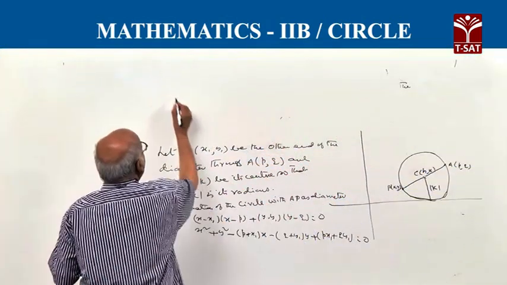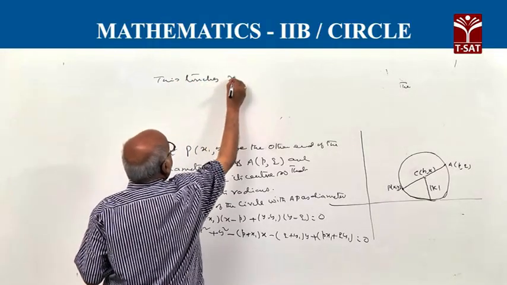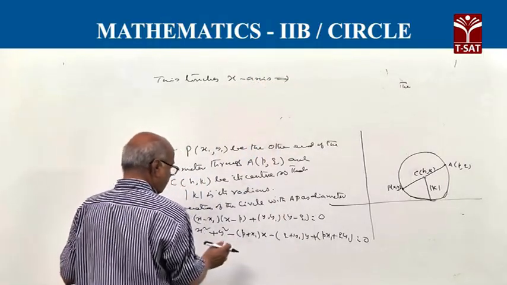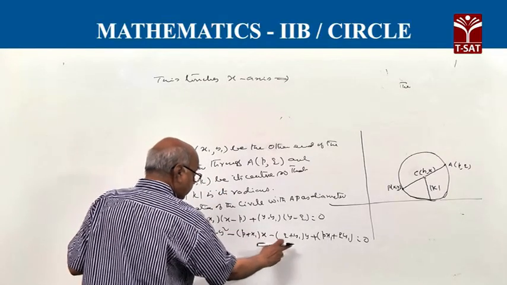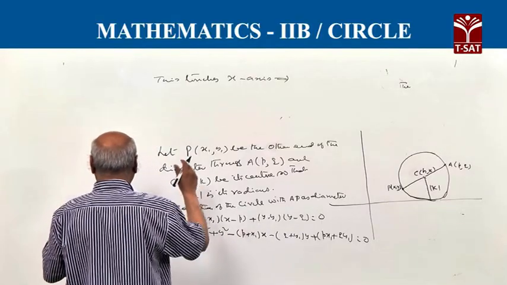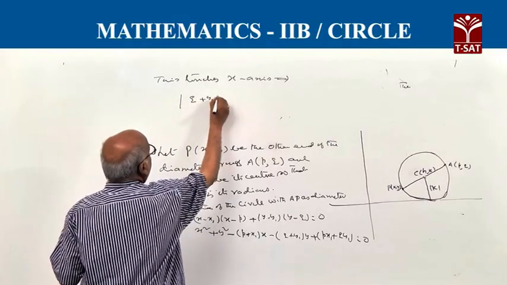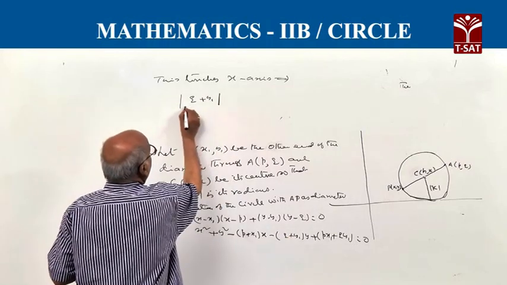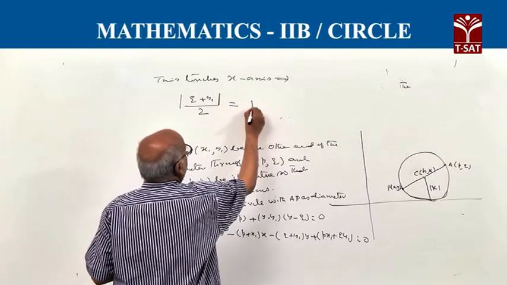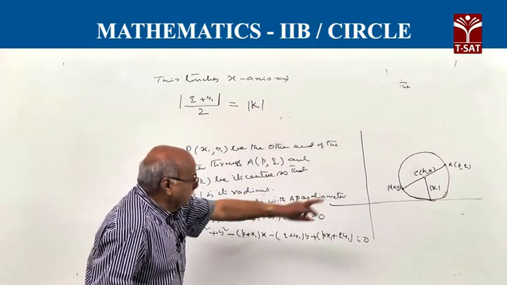Now, this circle touches the x axis. This implies the modulus of (q plus y1) by 2, the y coordinate of the center, is equal to mod k, right, because the radius is mod k.